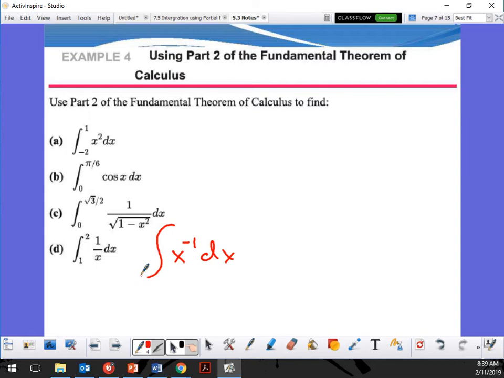From this one right here, we don't take the integration like this. 1 over x is going to give me ln. So the integration of this is going to be ln of absolute value x, from 1 to 2.